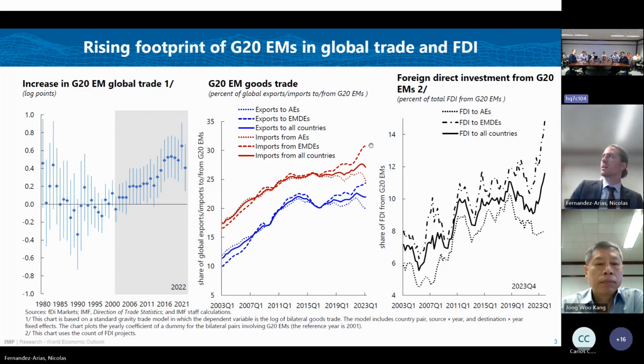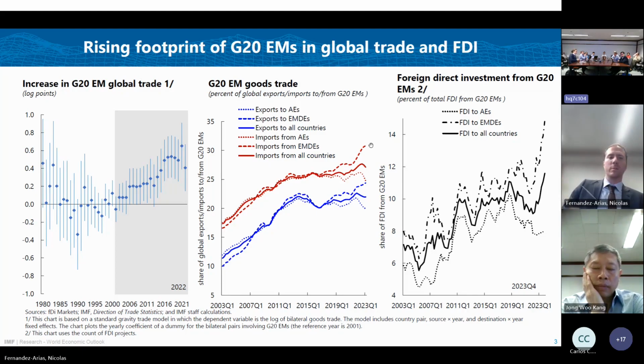So what it says is that trade involving G20 emerging markets has increased by about 60% more than other bilateral trade linkages since 2000. So this points to the disproportionate increase in integration of these economies in the last two decades. So just to clarify, that's just between the G20 EM, or this G20 EM with everybody else? With everybody else. So if the pair includes a G20 EM, it is included, and the shifter is equal to 1.